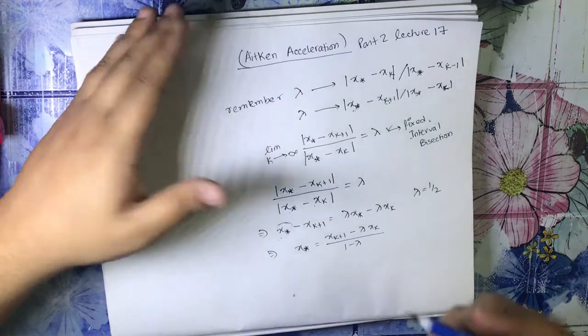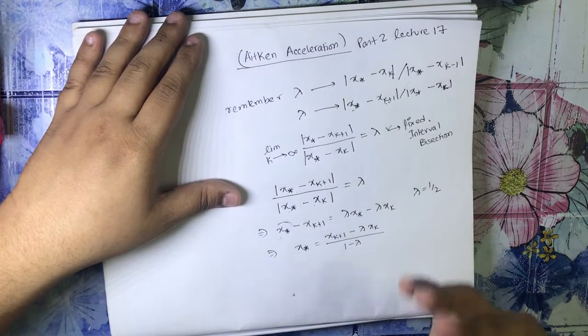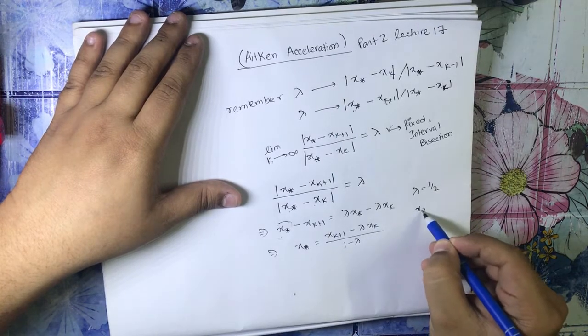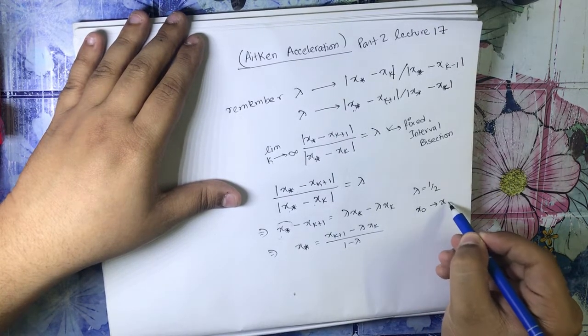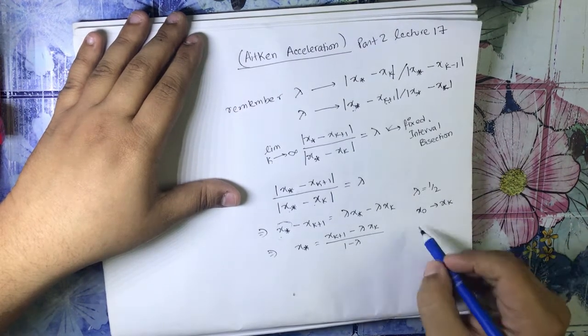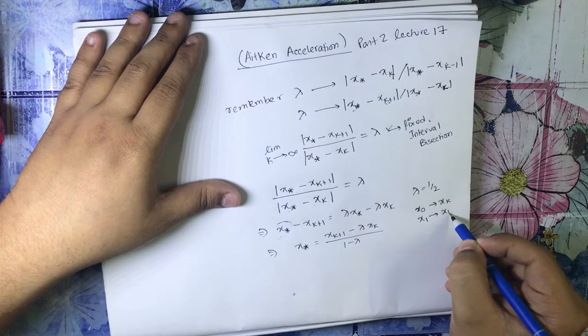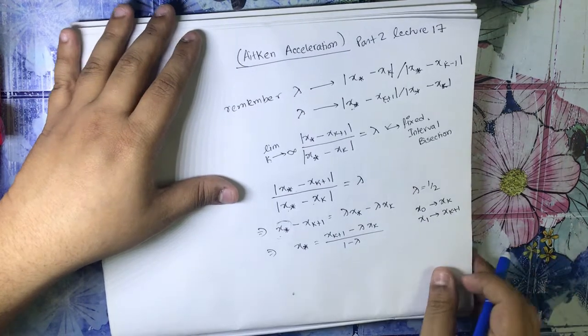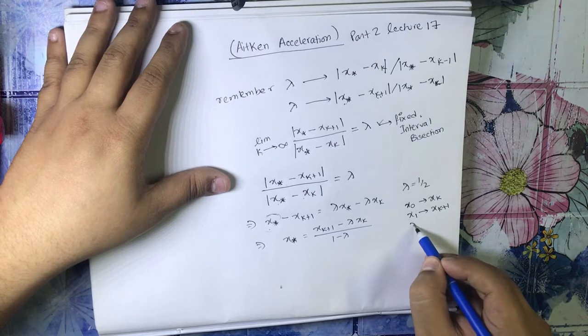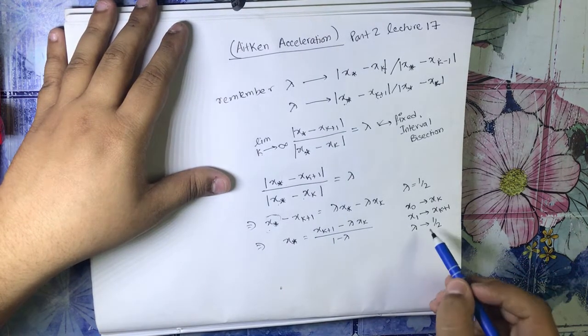So I can basically calculate my root using only 3 operations. We need our x naught, which is basically referred to as xk. We need the next value of x, which is x1, and we refer to it as xk plus 1, where our lambda is basically half, right?